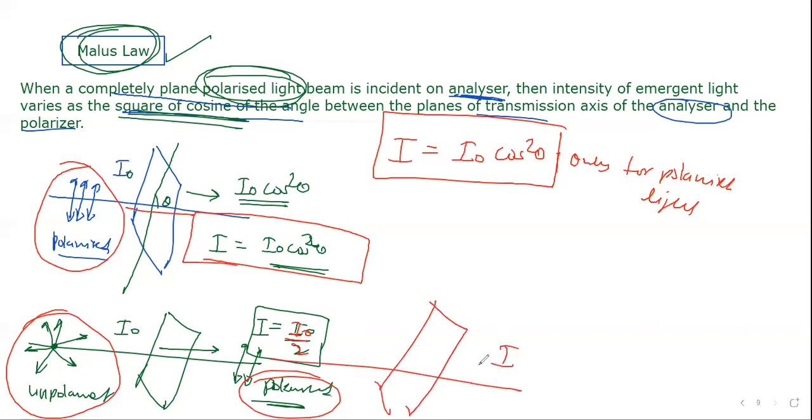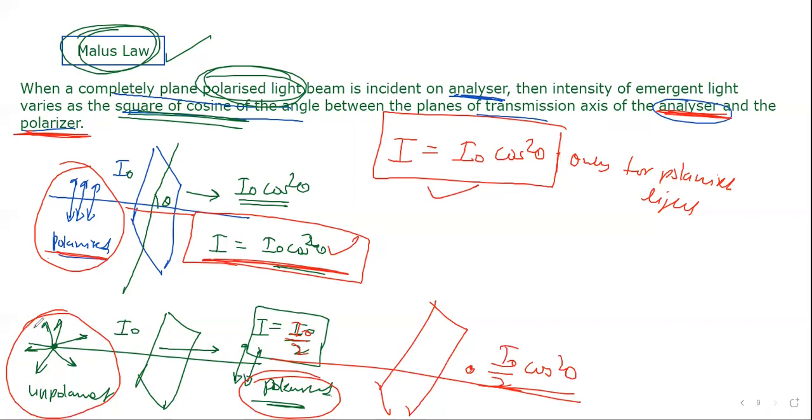Here the value is I naught by 2, so it becomes I naught by 2 cos square theta. This will be the answer at this point. Two cases, right? Polarized light means directly you write Malus law. Intensity after passing through this analyzer or polarizer, both meanings are the same. Do not confuse between analyzer and polarizer. They are the same thing only, right? So polarized light means the intensity after passing through is given by Malus law. That becomes I naught cos square theta.